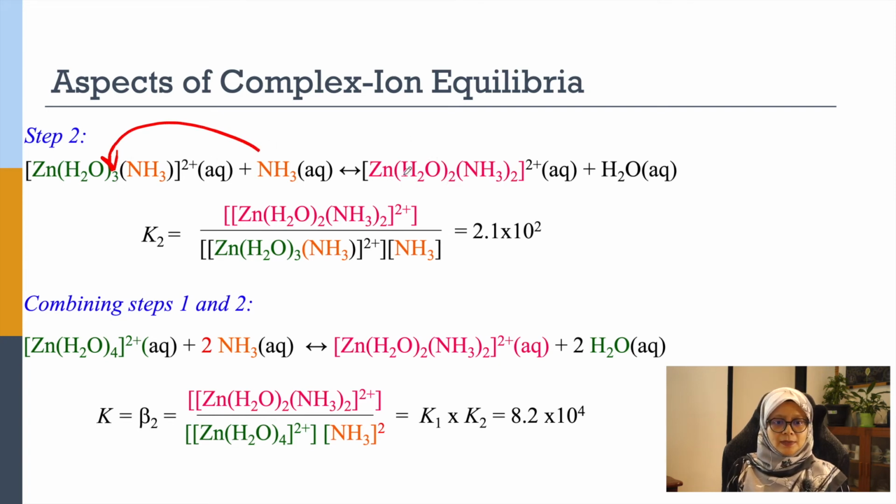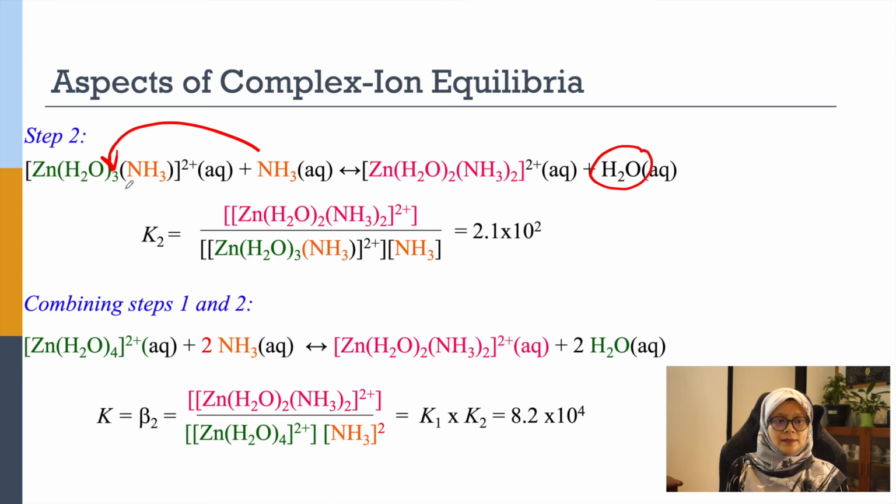So it will become Zn(H2O)2(NH3)2 2+, because we have the additional NH3 and also this one, and removal of one water. This is K2, and the value of K2 is 2.1 times 10 to the power of 2.